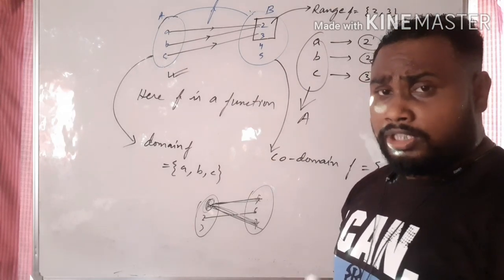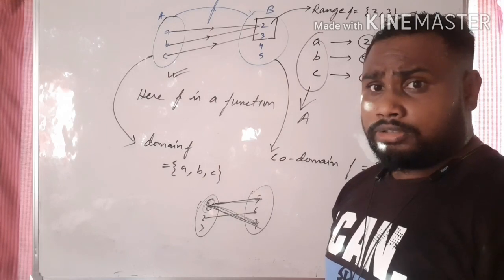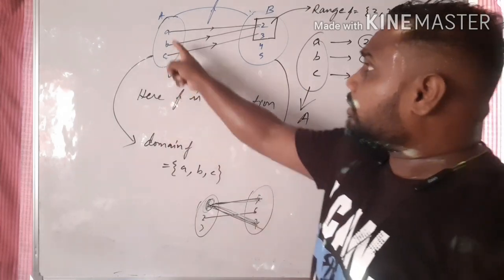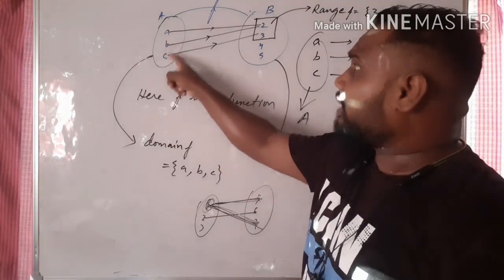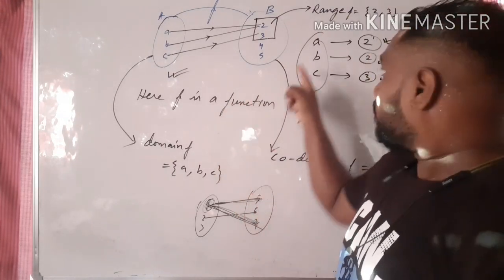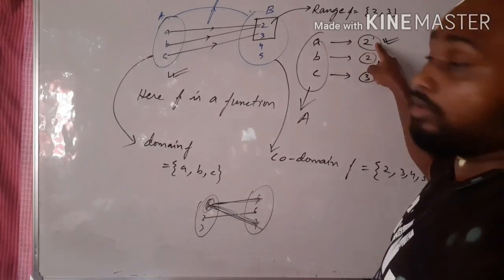Okay, so you'll have to think according to the definition only. According to the definition, every element of the first set must be related to a unique element in B. Unique, only one element, it must go to one element only.